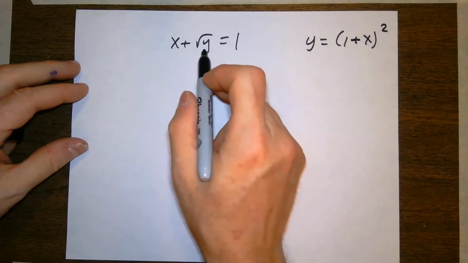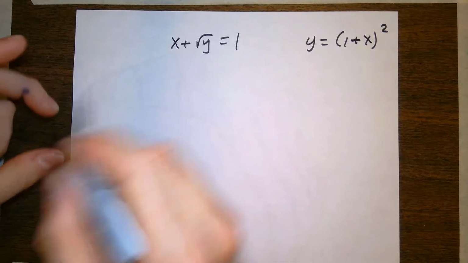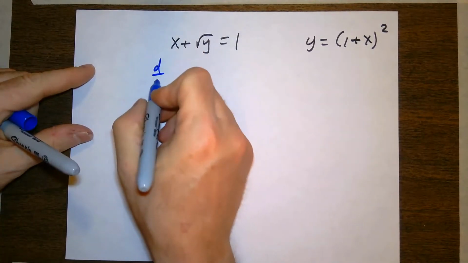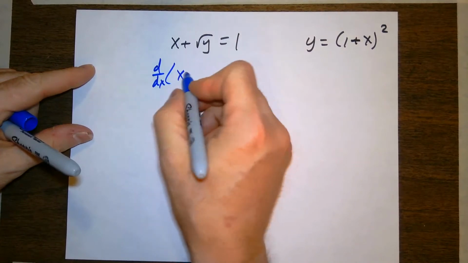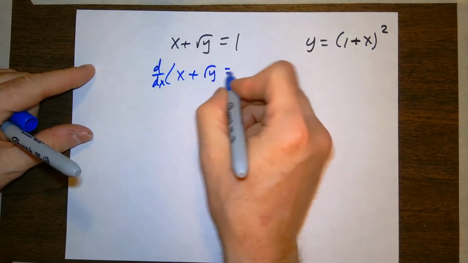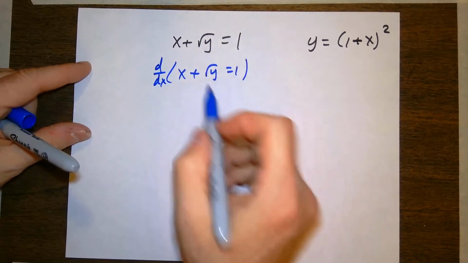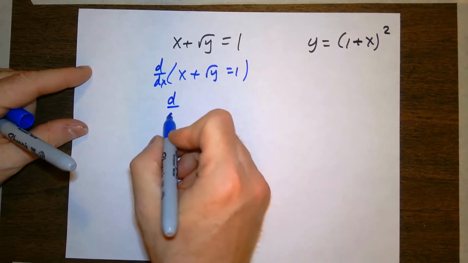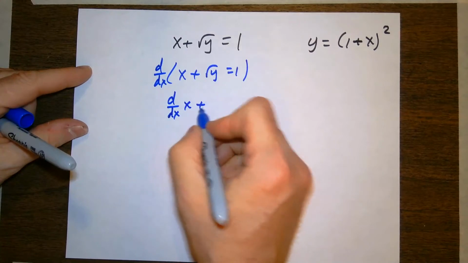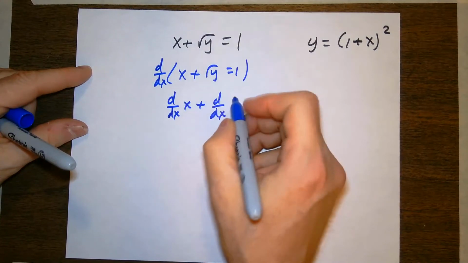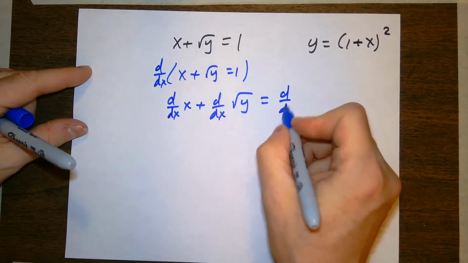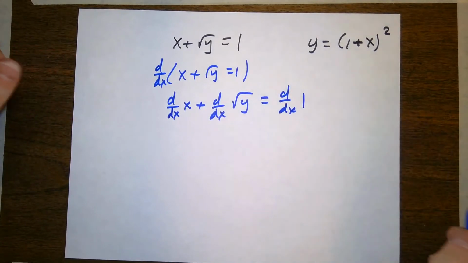Well, if I want to find the derivative of this function, I want to find d/dx of the function. So the derivative with respect to x of, oh, I said function, didn't I? It's not a function. It's not a function at all, this equation. So break it down. I would have the derivative with respect to x of x plus the derivative with respect to x of the square root of y equals the derivative with respect to x of 1.